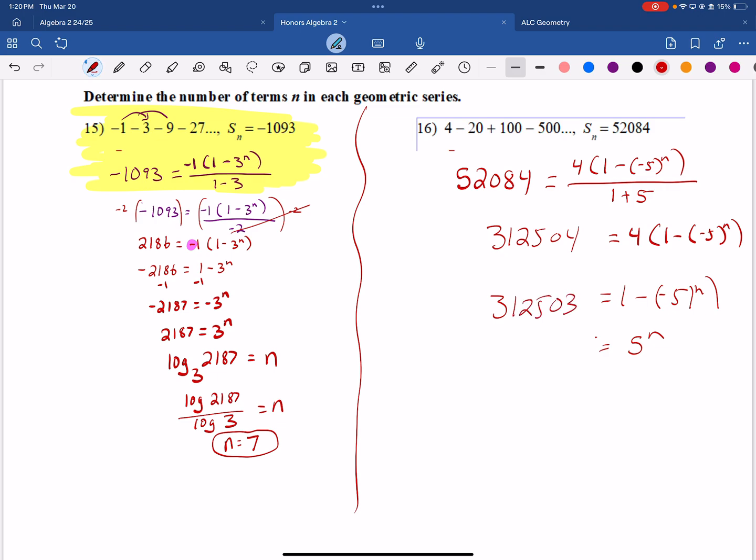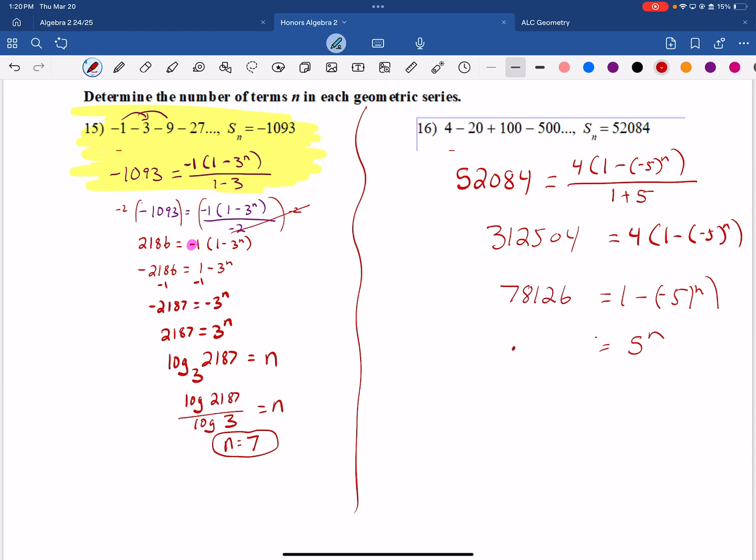Is that right? 312503. I skipped that. I have to divide that by 4, right? Yeah. Divided by 4. Jeez, Mr. Enidson, you're making me feel wrong. I'm just making sure you guys are paying attention. 781.26.